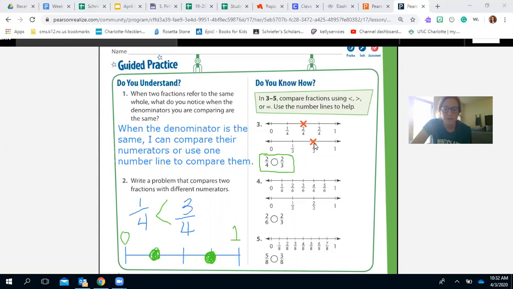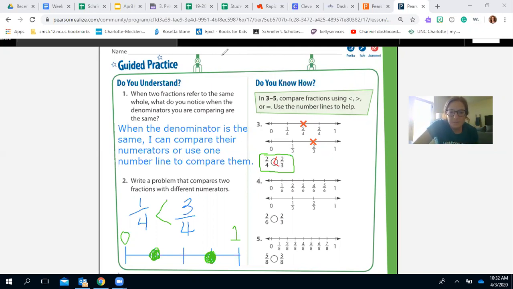Which is closer to 1? If you said 2/3, you are correct. So we are going to say 2/4 is less than or smaller than 2/3.